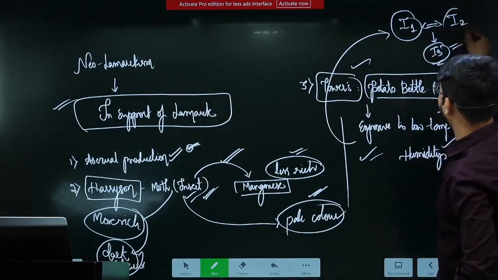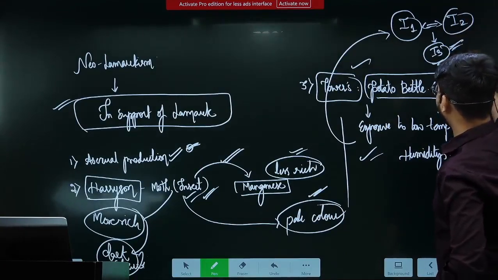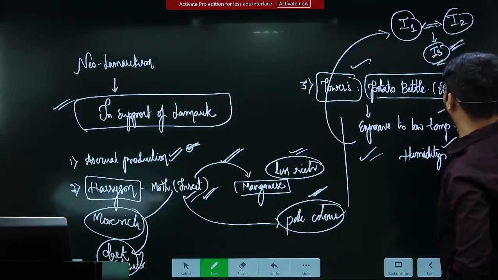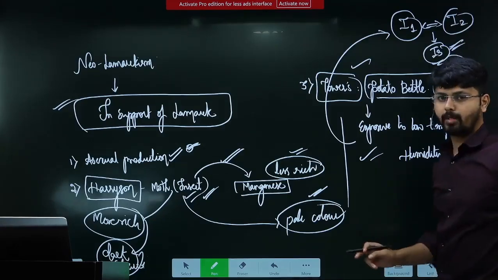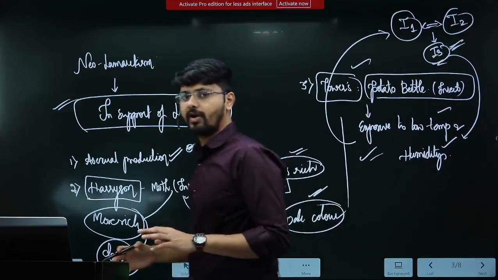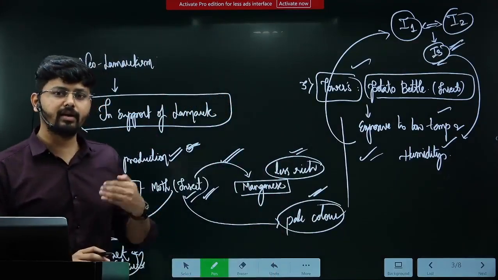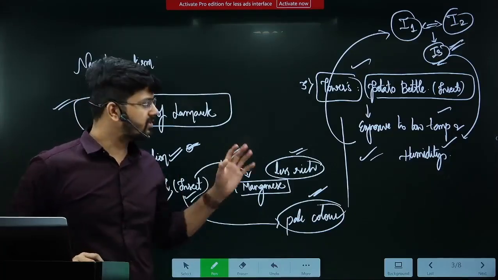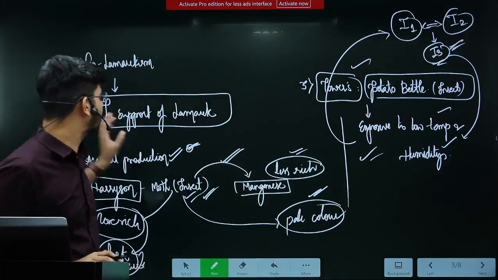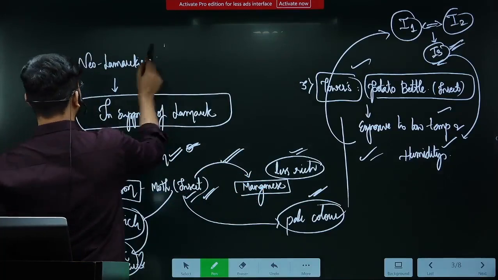Now these are mated and give rise to a new insect which has tolerance to this. So the characters acquired as a part of environment are inherited in the next generation, which is in support of Lamarck. That's why we call these theories neo-Lamarckism.